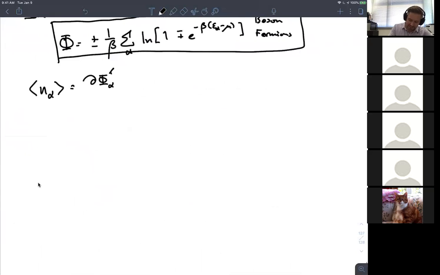To get the single energy level occupation number, in other words the average of n sub alpha, you take the derivative of the single energy level free energy, and you can do this with respect to either epsilon alpha or mu, and you'll get the same thing. Let's do it with respect to epsilon alpha.